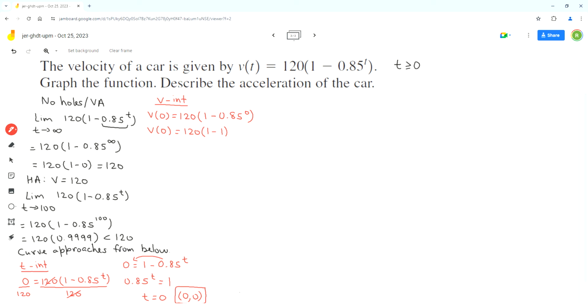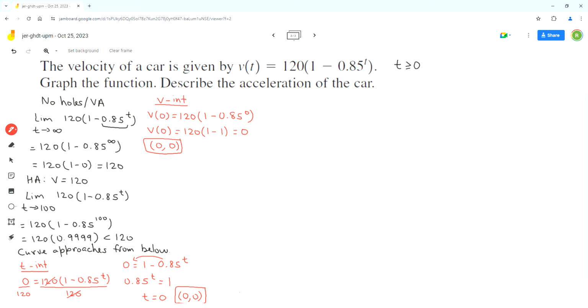And 1 minus 1 is equal to 0, and 120 times 0 is equal to 0. So the v-intercept is, so now we are done with the analysis for the intercepts.